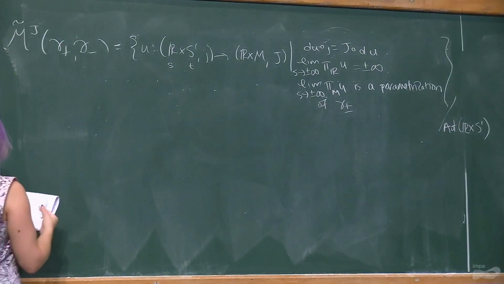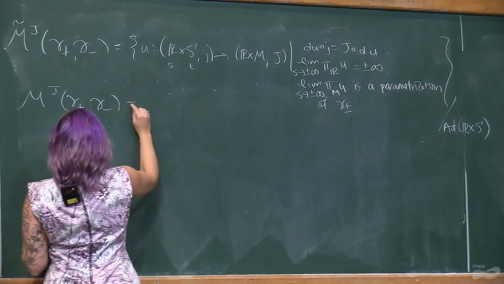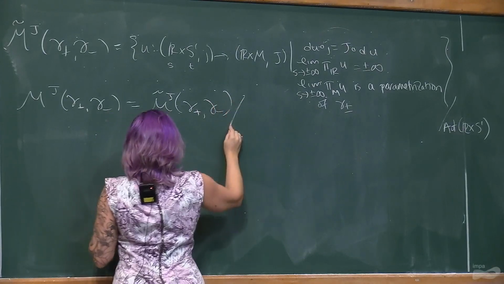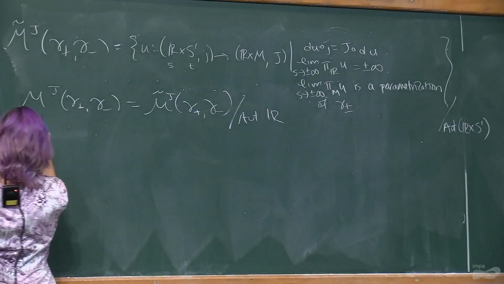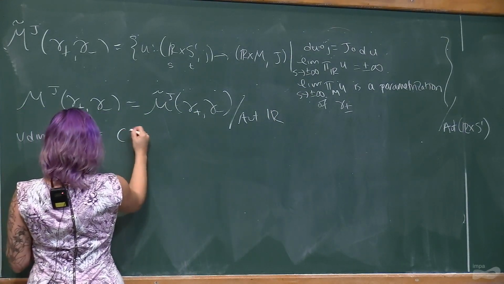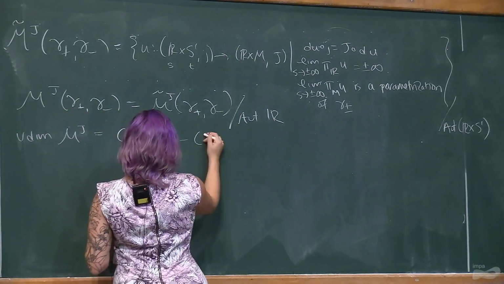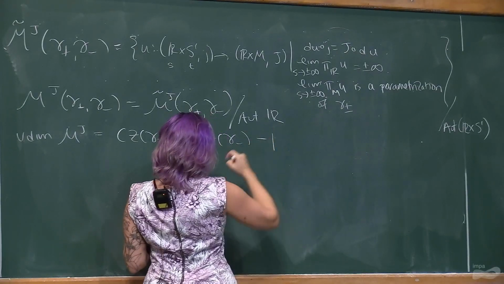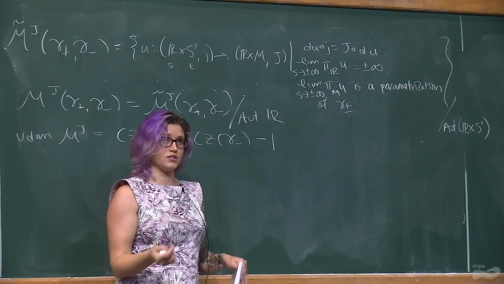Okay, so M_J is just going to be this M twiddle, and I'm going to mod out by the automorphisms of R. Then the virtual dimension of M_J is going to be the Conley-Zehnder index of the Reeb orbit at the top minus the Conley-Zehnder index of the Reeb orbit at the bottom, minus 1 because of this modding out by the automorphism group of R, which has dimension 1.